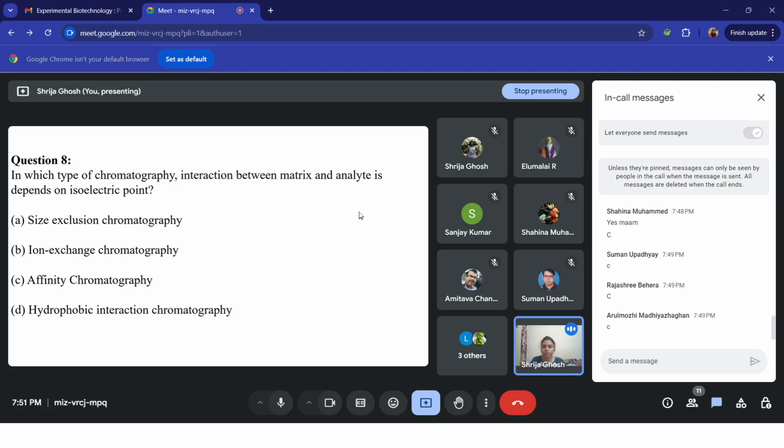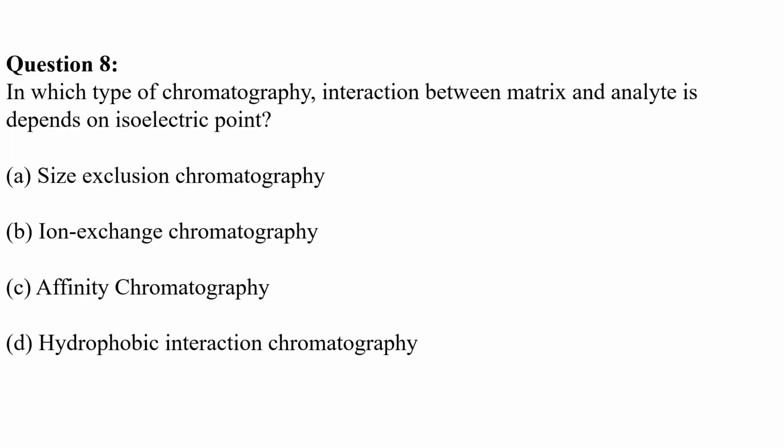Let us see the next question, question number 8. In which type of chromatography the interaction between matrix and analyte depends on the isoelectric point?